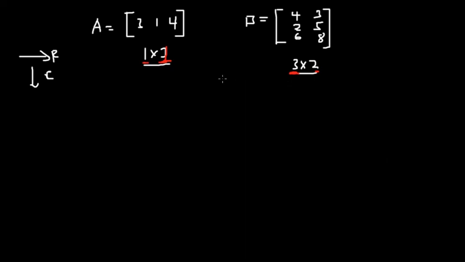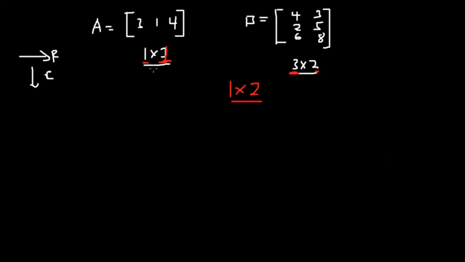It means that we can multiply A and B. Their order has to come from the remaining rows and columns. So we have row 1 for the first matrix and the column for the second matrix, which means the answer from multiplying A and B would be a 1 by 2 matrix.